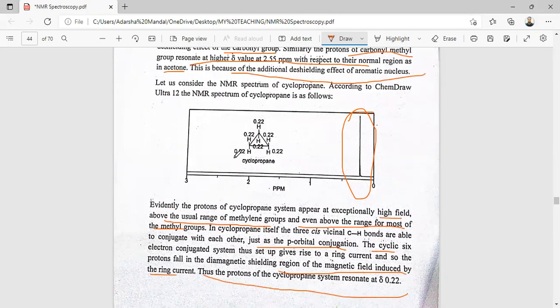Here the cyclopropane protons are in a more shielded region compared to other methyl or methylene groups because the three vicinal CH bonds conjugate with each other just like pi orbital conjugation. So here this pi orbital, so this is the cyclopropane.